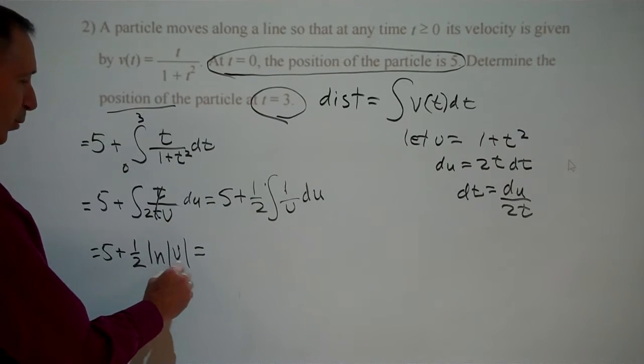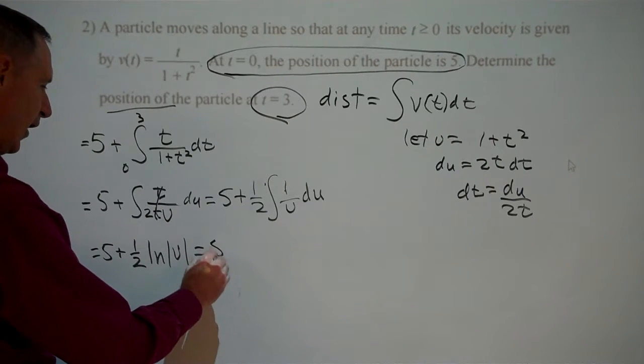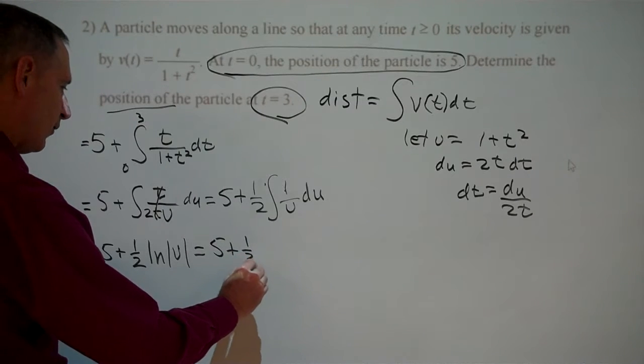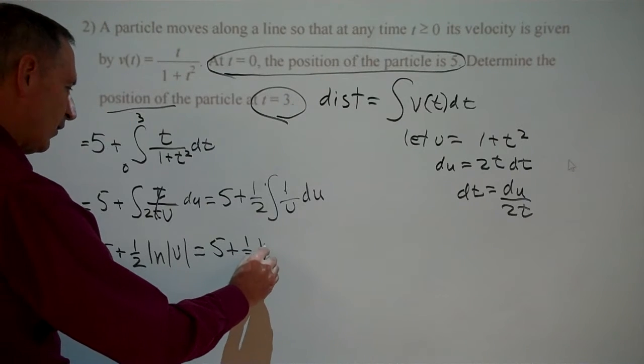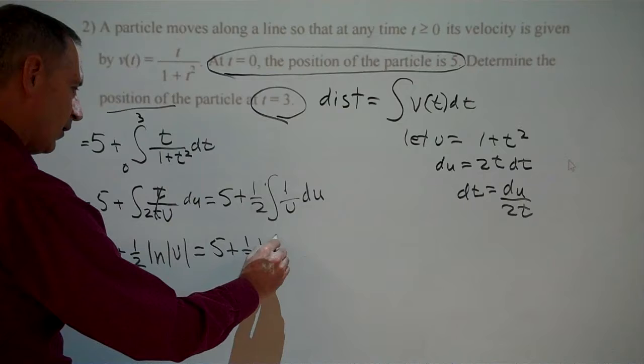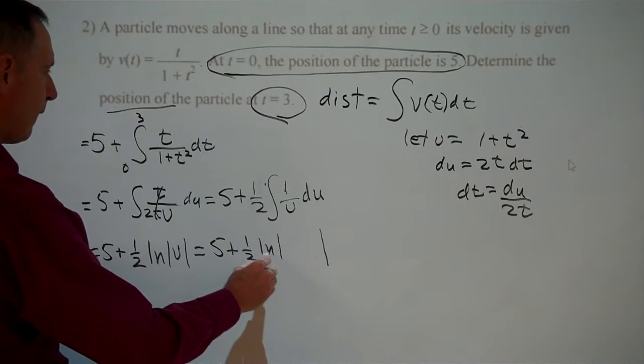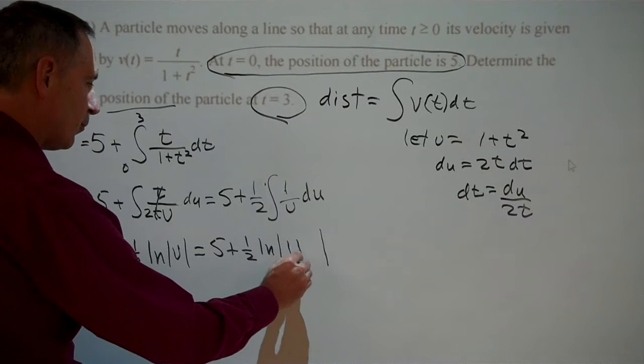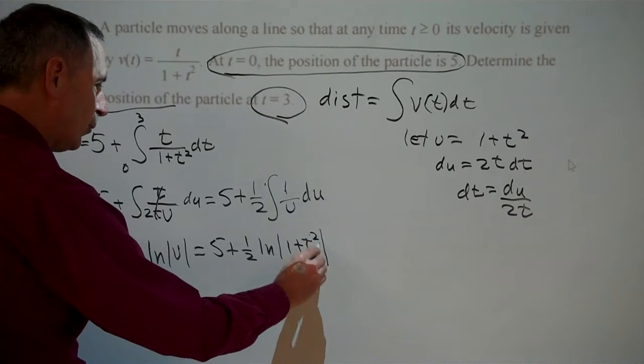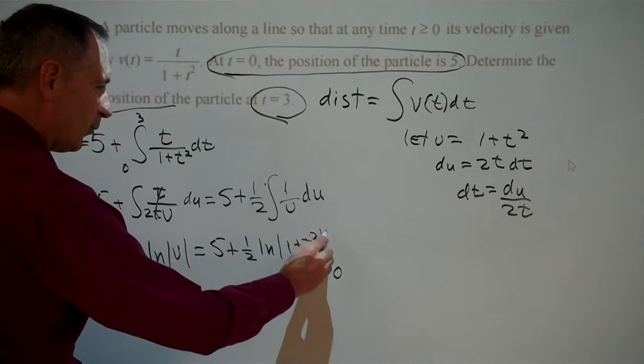We replace u back again, so we have 5 plus 1/2 ln of absolute value of 1 plus t squared, and we put the limits back here from 0 to 3.